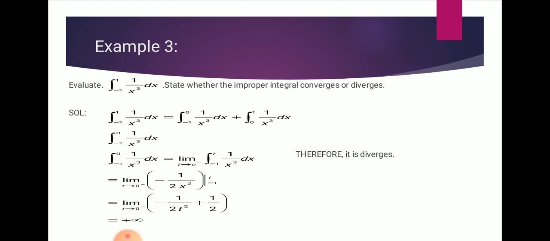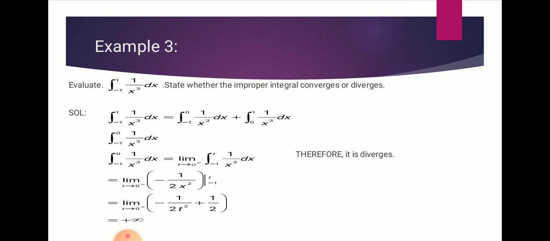Then evaluate: find the antiderivative. The limit as t approaches 0 from the left of negative 1 over 2x squared, evaluated from negative 1 to t.